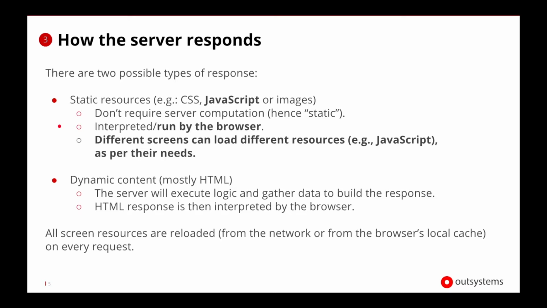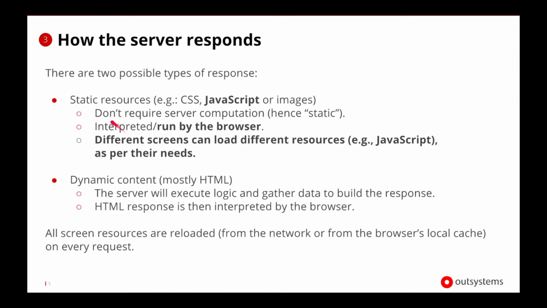All screen resources are reloaded from the network or from the browser's local cache on every request or on every new page. So if the user browses from a screen to the next by clicking on a link, then the browser receives a new dynamic content, HTML.